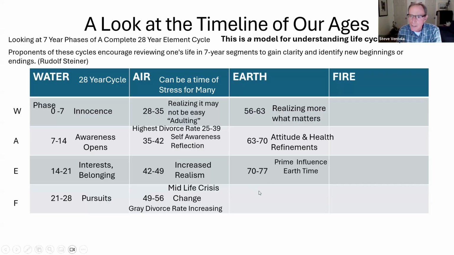Okay. Then I noticed 77 to 84. Now I've been noticing folks in this range from 77 to 78. Like we were talking about before, things begin to be mitigated in terms of maybe physical capacities beginning to shift. There's a mitigating earth influence, and if we stay healthy enough, it may not mitigate as much.